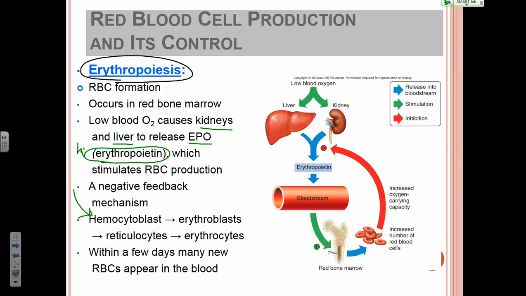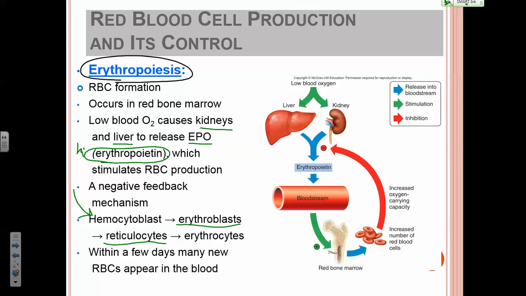Okay, and so ultimately you have cells formed in the bone marrow called erythroblast. Remember, a blast is a cell that makes something. Erythroblast, that sets the fate. Okay, now it's going to become a red blood cell. And then there's another stage in there called a normoblast. But ultimately, you have a little cell called a reticulocyte.